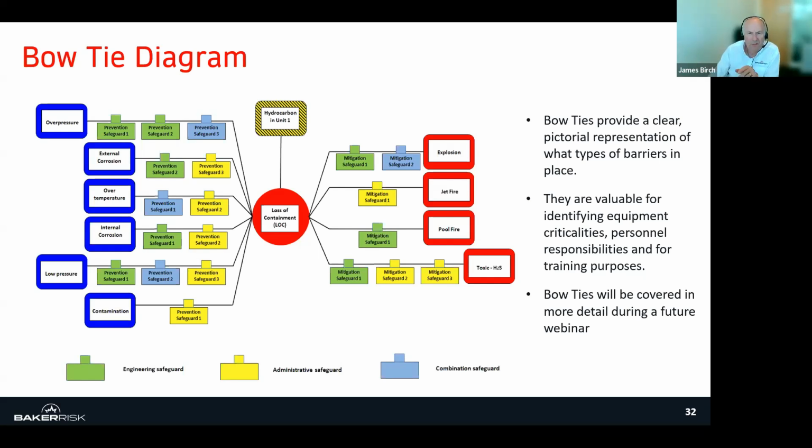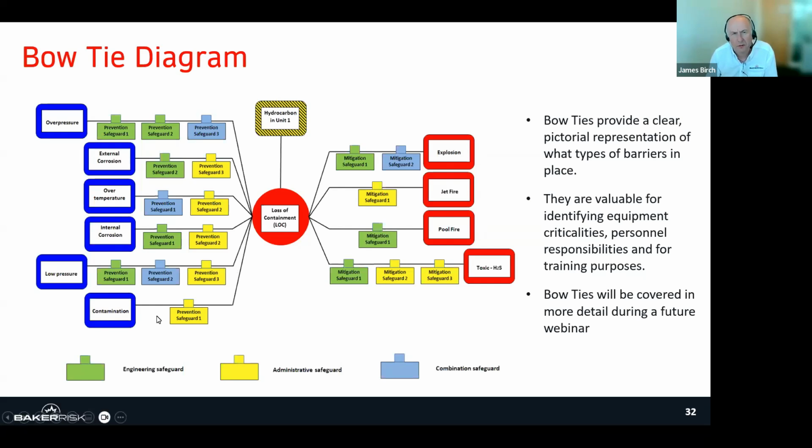If I look on the left-hand side, on contamination at the bottom, I only have one barrier. And that barrier is administrative. That is being done by people. And we've already said we know people are not perfect. So that would be one area to focus, to say, do I need other protections here?